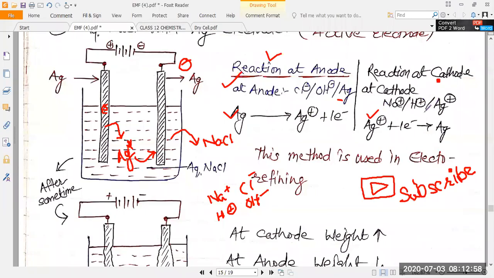So Ag plus accepts one electron from the cathode side, because at the cathode the quantity of electrons is much higher, and converts into Ag. So the silver will deposit at the cathode side.